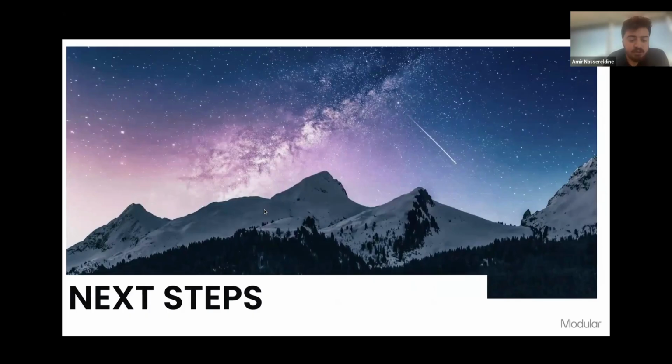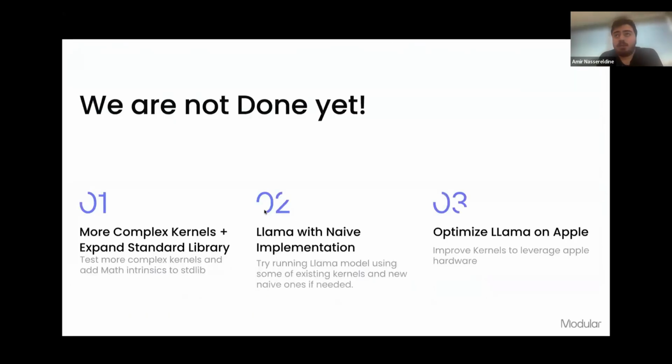And next steps, so now we've basically achieved being able to write kernels and execute them on Apple. The next step is basically to test more complex kernels, including more complex structs like layout tensor and matrix multiplication or something.